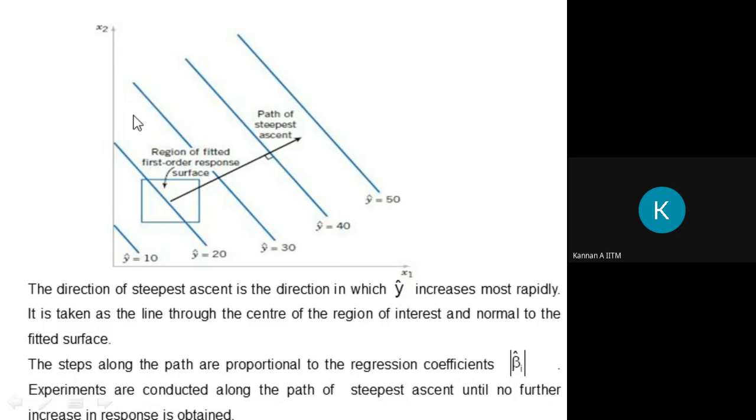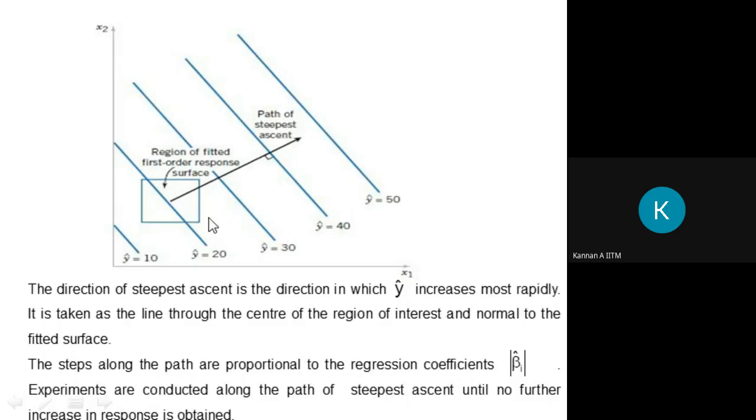You do your design of experiment in this box, and once you have identified the responses from the center value of the design, you go in the direction of steepest ascent, the path of steepest ascent. It is the one which is normal to the lines. So you go in this direction. This is the direction which is going to give you the maximum increment in your response.